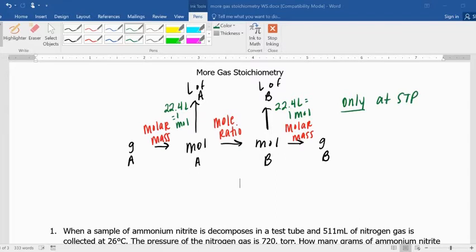So in some of our problems today, we are not going to be at STP, and instead we're going to use PV = nRT. So we can say not at STP, we're going to use PV equals nRT. Okay, so let's give some of these problems a chance.